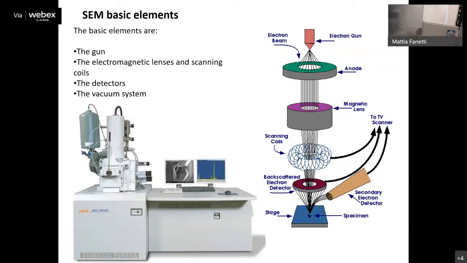And then we have a backscattered electron detector, which is this, and I will show you later inside the chamber. So depending on the microscope, of course, you can have different detectors, and these enable you to do different kinds of analysis.